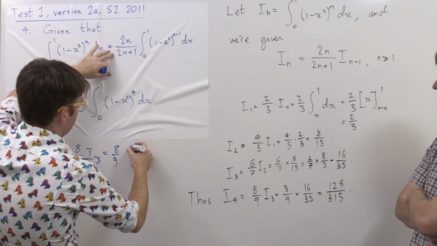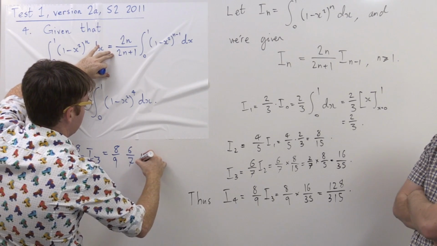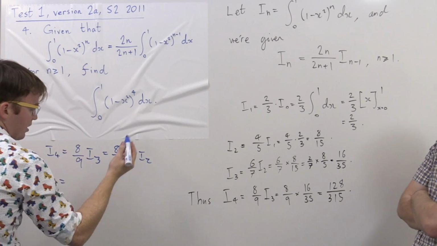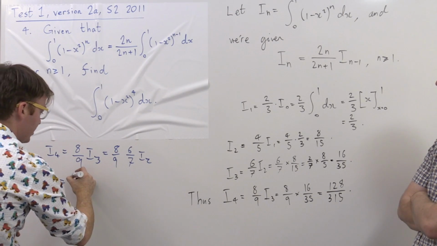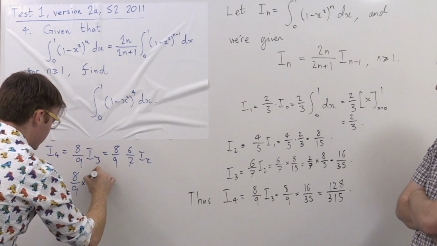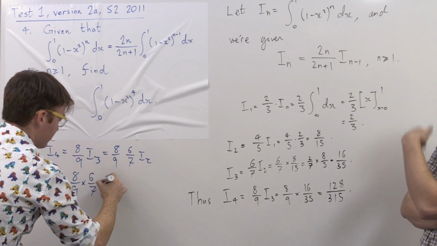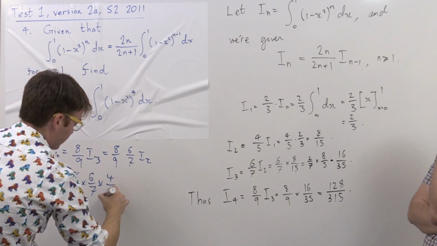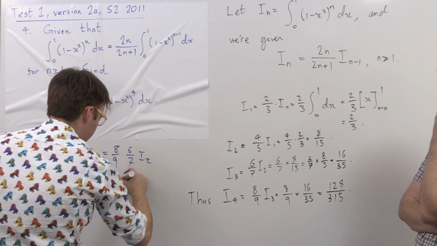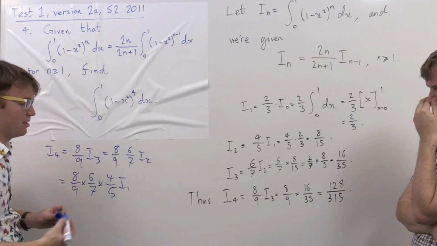That becomes 6/7 I2, and you just keep using the recurrence relation all the way down. So 8/9 times 6/7 times 4/5 I1, and it just keeps going.